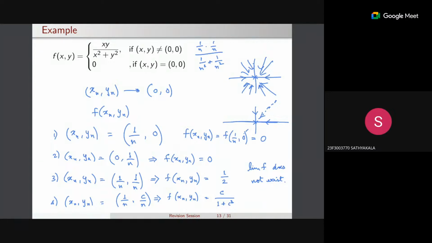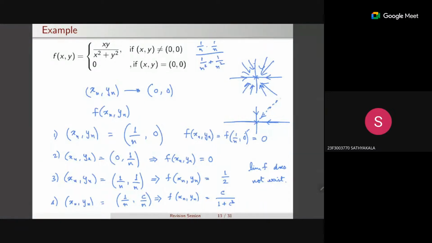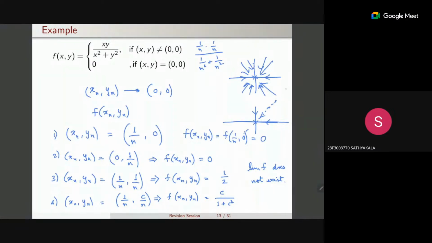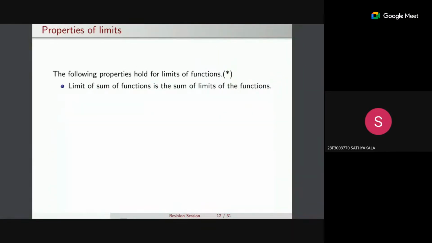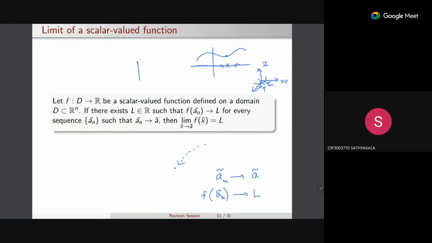Okay. So if you look at the function along this line x is equal to y, you will see that the function is always half, but suddenly at 0, it crashes down to 0, which means it is not continuous. So in the one variable case, when do you say that something is not continuous?